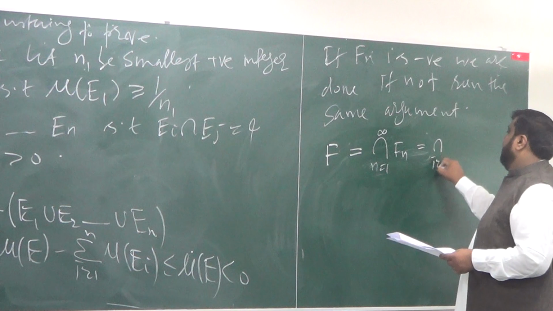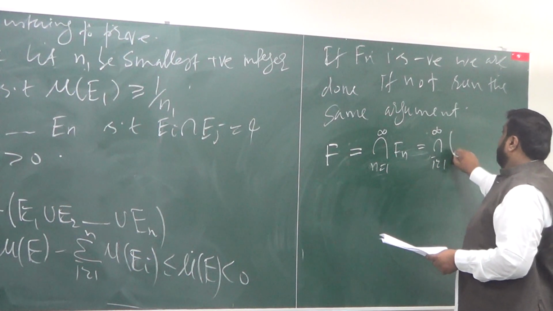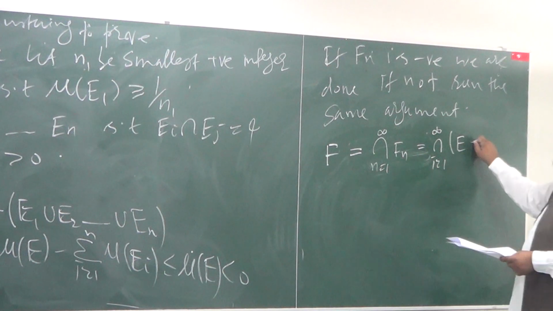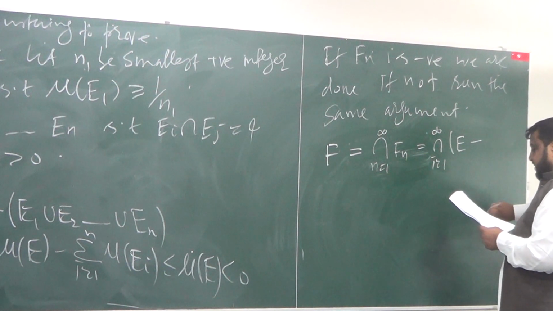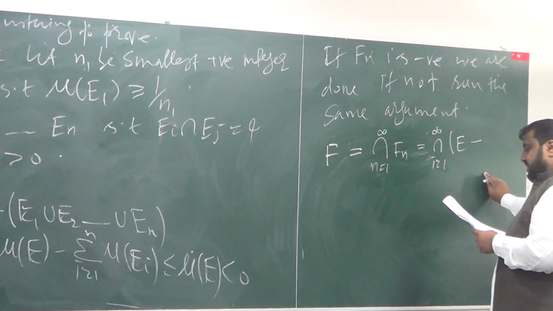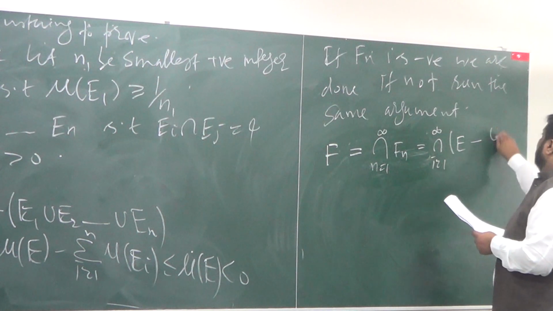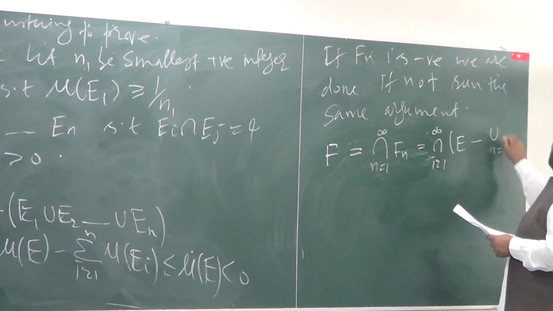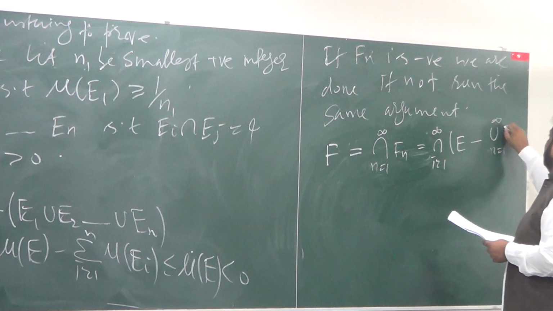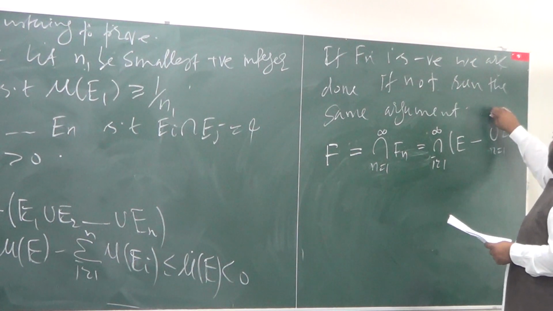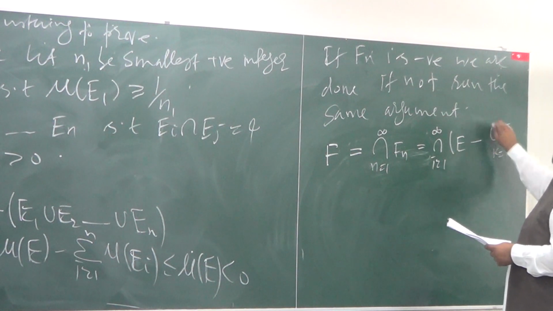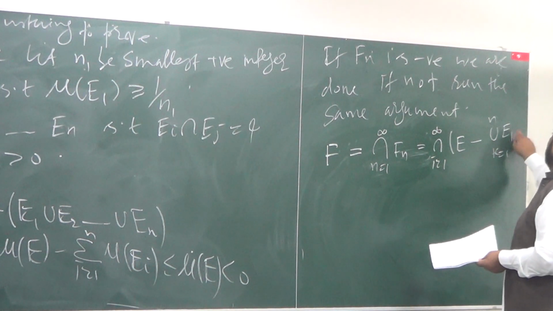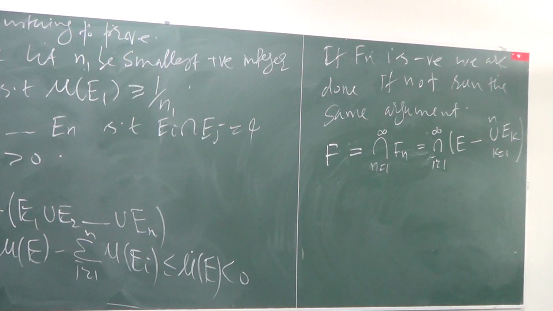So this would be the intersection over n equal to 1 to infinity of E minus the union over k equal to 1 to n of Ek, or Ei, whatever symbol you use.